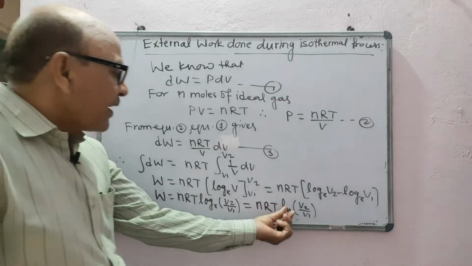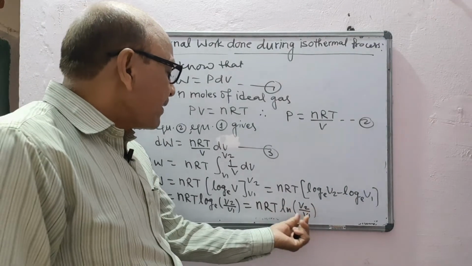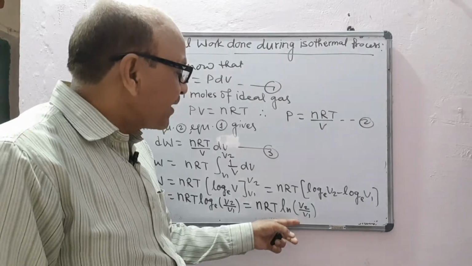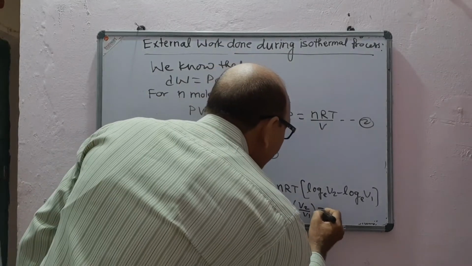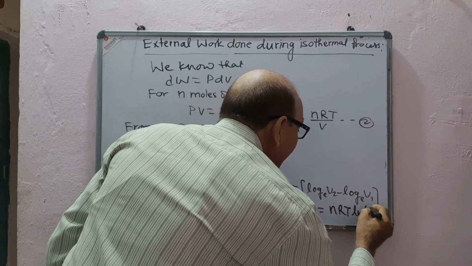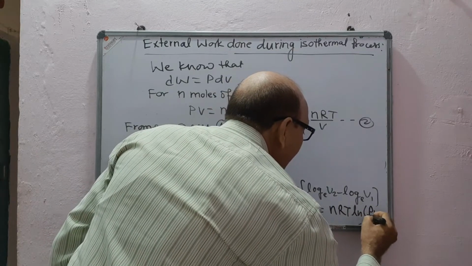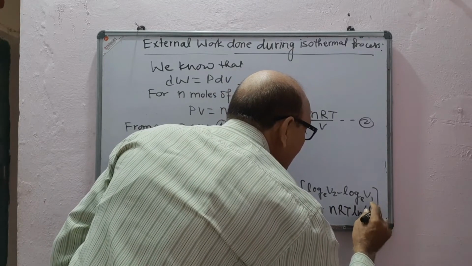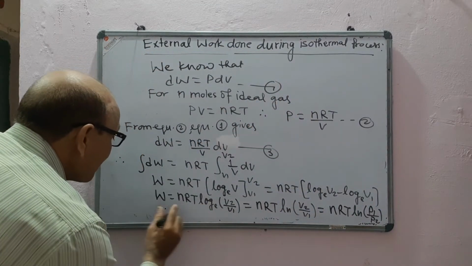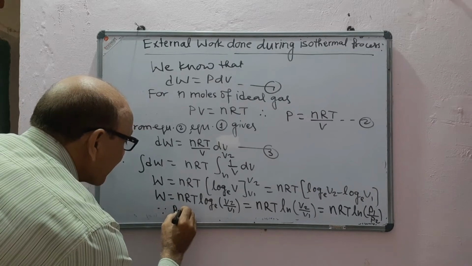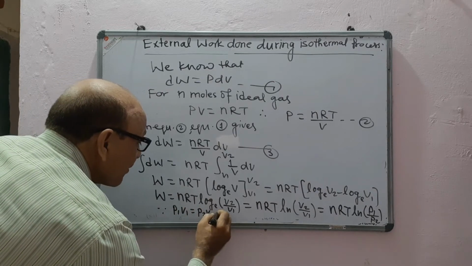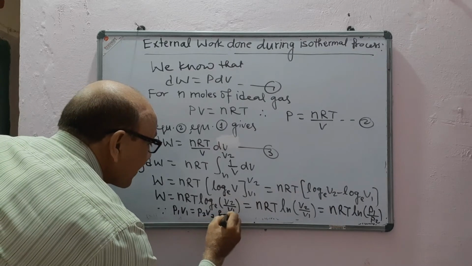You can also write P1 upon P2 in place of V2 upon V1, because P1 V1 is equal to P2 V2 from Boyle's law.